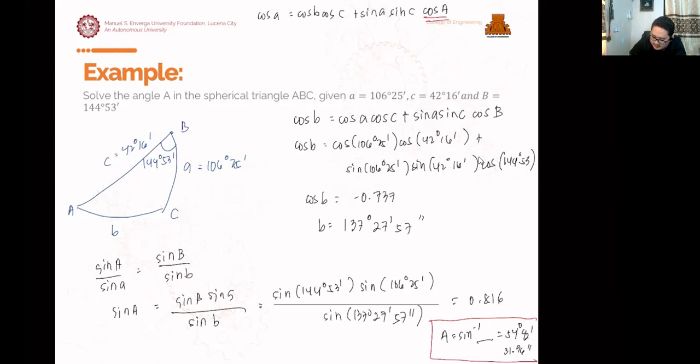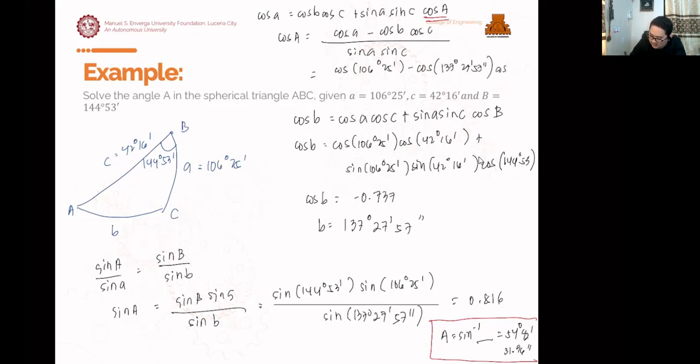So this will be, pag ni-rearrange natin, this will be cosine of A minus cosine of B, cosine of C, all over sine B, sine C. So we have cosine 106 degrees, 25 minutes, minus cosine of yung B natin, 137 degrees, 27 minutes, 57 seconds.